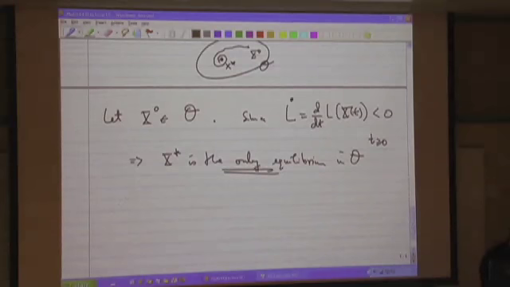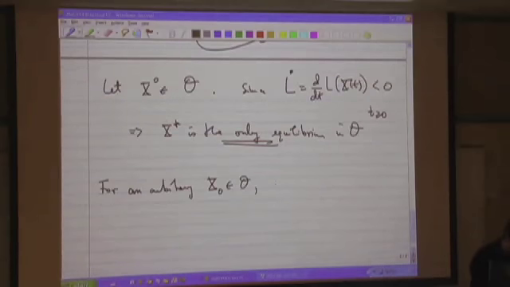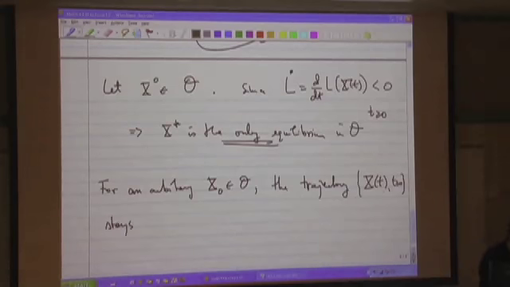But also, for an arbitrary x naught, the trajectory x of t with t greater than 0 stays inside basically the level curve corresponding to L, right?